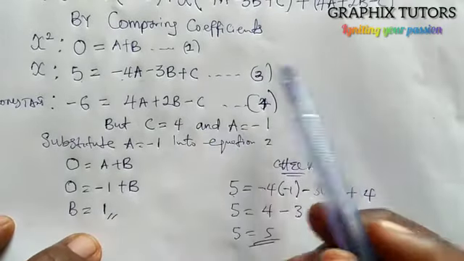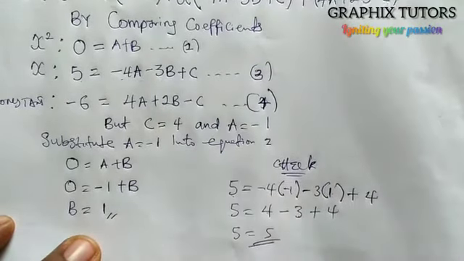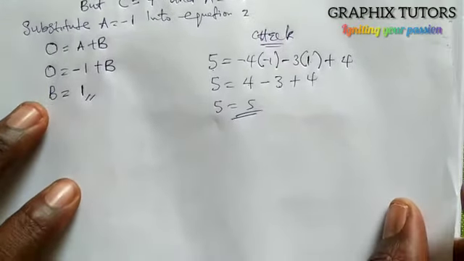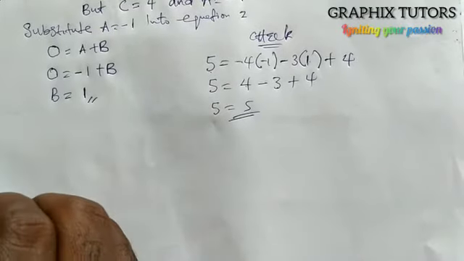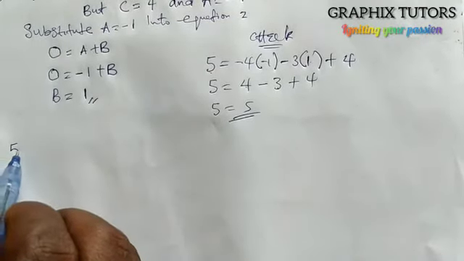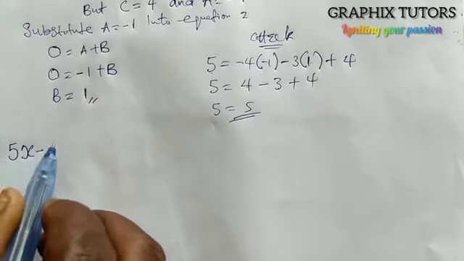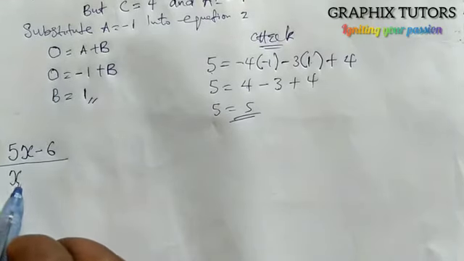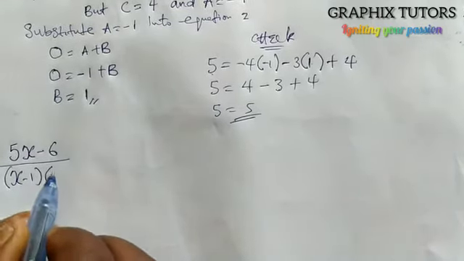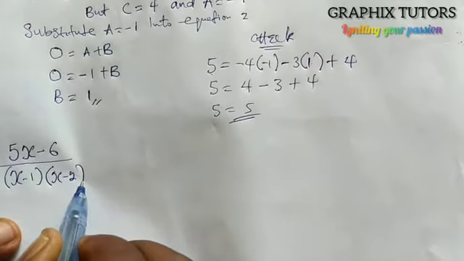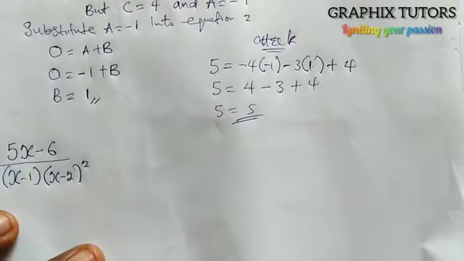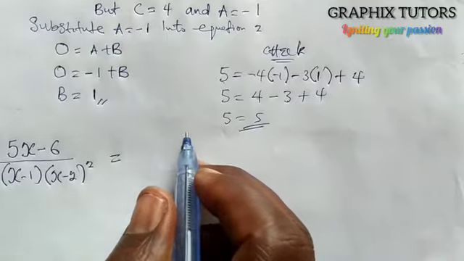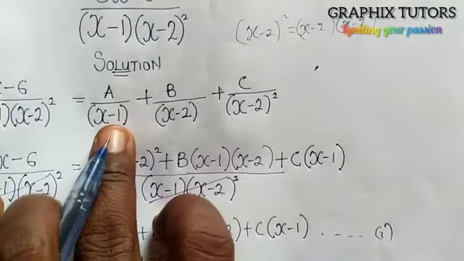Anyhow you use it, whether you use equation 2, equation 3 or 4, you still get the same answer. So you now put it this way, which is important. You are going to say that therefore 5x minus 6 all over x minus 1 bracket x minus 2 all squared will be equal to, now we have a earlier in the question here, a over x minus 1.